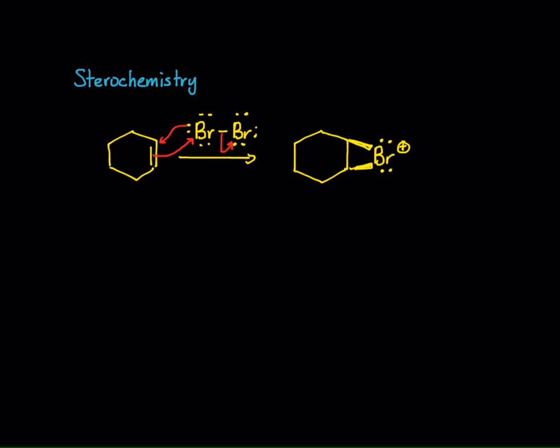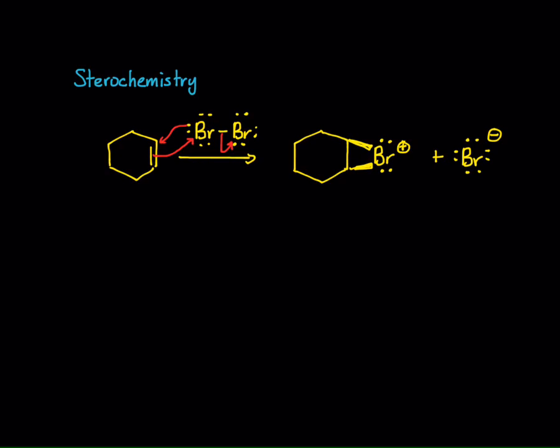If I wasn't forming the bromonium ion, and instead I was forming a carbocation, so bromine simply adds to one of the carbons, the other carbon becomes a carbocation. Now the bromide that comes in could attack either side, either face of that carbocation, and I would get a mixture of cis and trans 1,2-dibromocyclohexane.